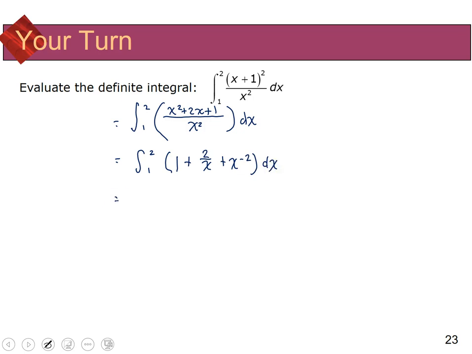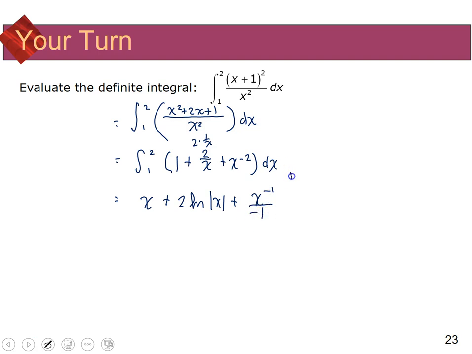Now when I integrate these, the integral of 1 dx is just x. 2 over x is like having 2 times 1 over x, and the integral of 1 over x is the natural log of the absolute value of x. So here I'm going to have 2 times the natural log of the absolute value of x. And then for this last one, I add 1 to the exponent and divide by negative 1.